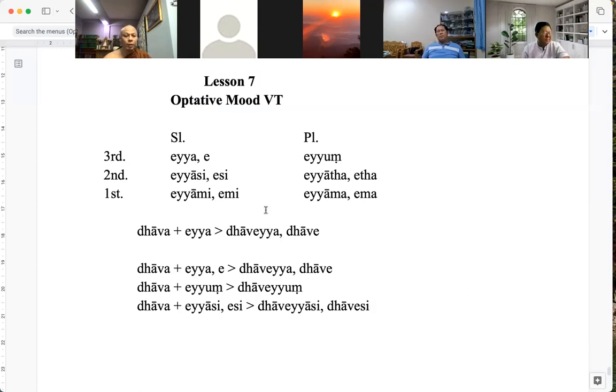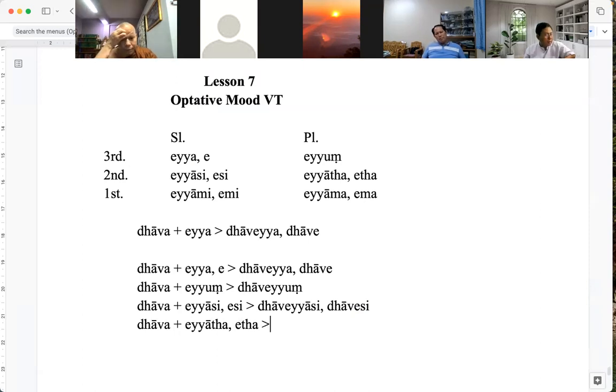Okay, so this is different from the present tense. In the present tense, Dawasi, but here, you see, Dawisi. And then second person plural, the dawa base and then Iyata and then Eta.